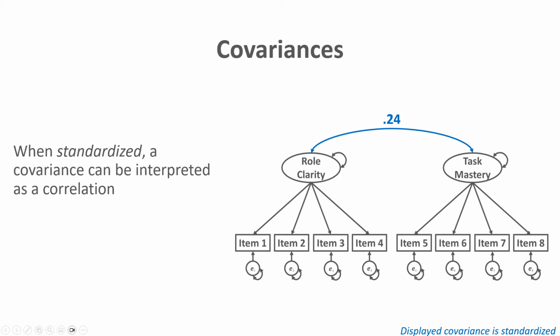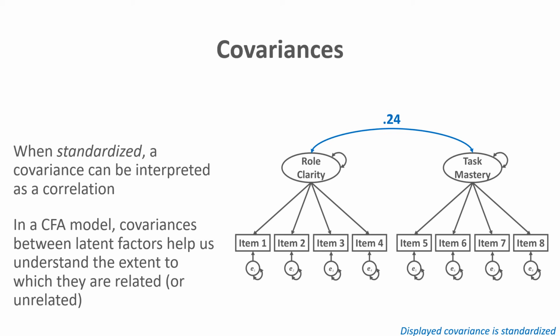So when standardized, again, a covariance can be interpreted as a correlation. In a CFA model, covariances between latent factors help us understand the extent to which those latent factors are related or unrelated to each other. And we can also have covariances with other observed variables that might be in our model as well.